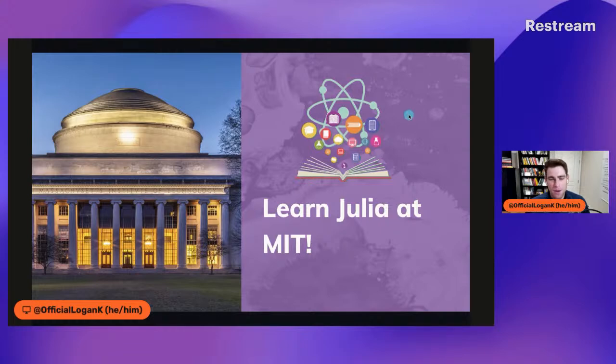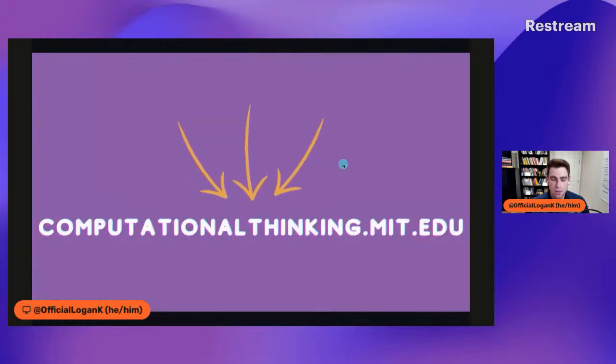The folks at MIT actually taught a really great course using Julia, and you can go to the website computationalthinking.mit.edu. It's a free and open course taught by Alan Edelman, who's one of the co-creators of the Julia programming language, and David Sanders, who's a massive contributor to the entire ecosystem.